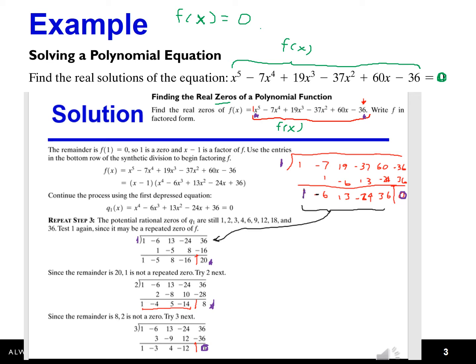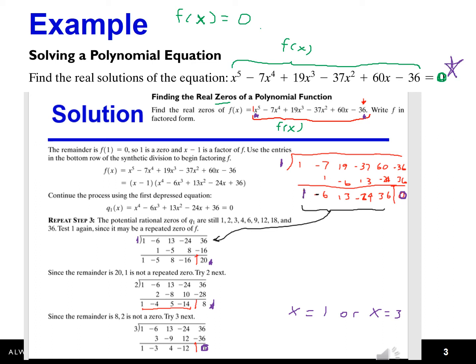But we know that if you let x equals 1 or x equals 3, you're going to zero out f of x. That is, you're going to get solutions of this equation, and that's the goal. That's what we're trying to find.